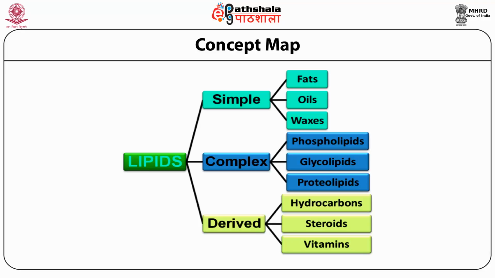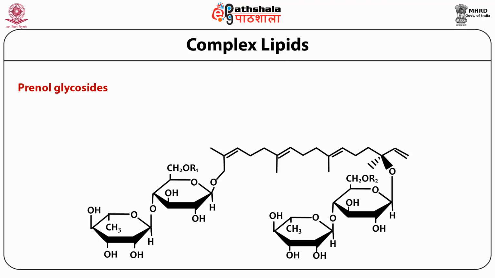So in this module we are discussing different types of glycolipids, and it has been continued from the previous modules. So the prenol glycosides, which are a complex type of lipids, include one or two acyclic geranyl linalool aglycones, which are conjugated to one or more sugar moieties.